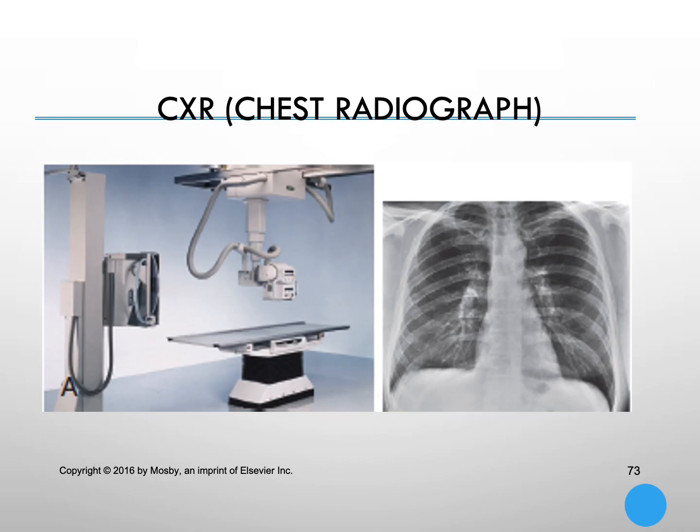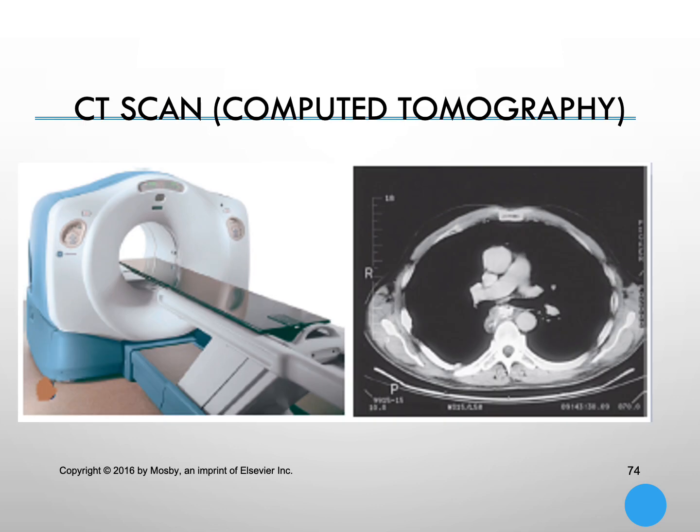So here is an image of a chest x-ray or chest radiograph, and you can see the equipment on the left side and the actual result on the right side. Sometimes they have mobile units that they take around the hospital or into the OR as well. This is a CT, which stands for computed tomography.